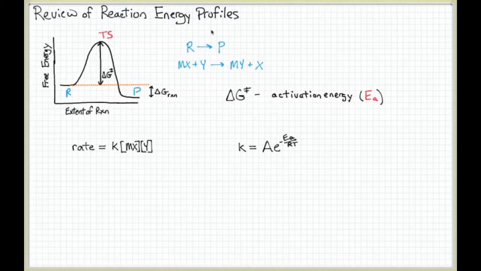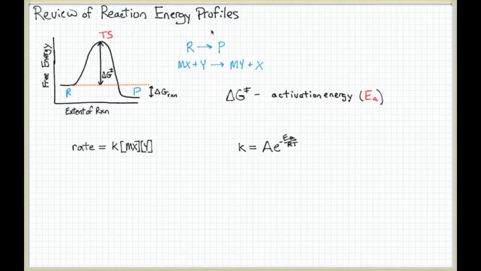k, the rate constant for the reaction, is related to the activation energy as shown here. It's called the Arrhenius equation. And in this equation you can see that as the activation energy increases, k is going to get smaller, and of course k directly affects the rate of the reaction.